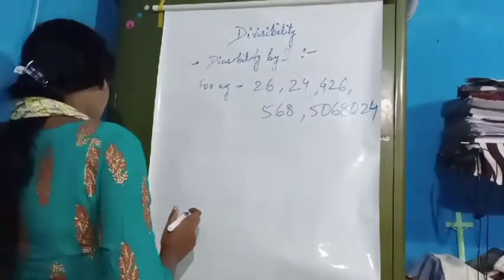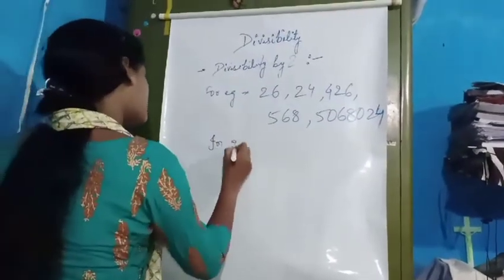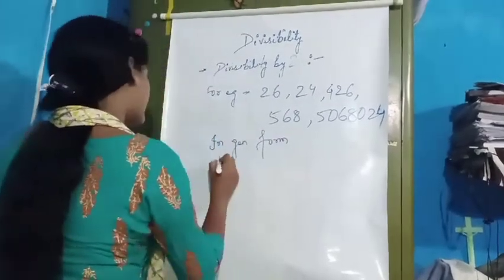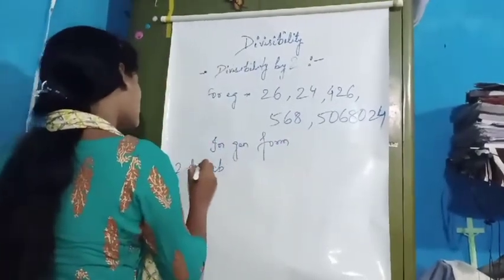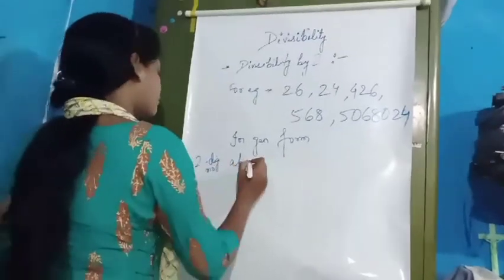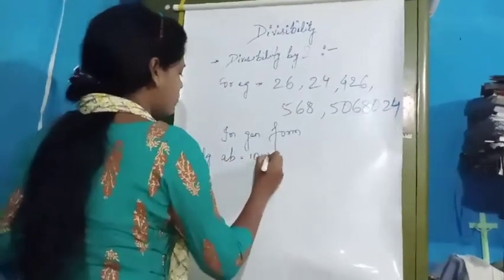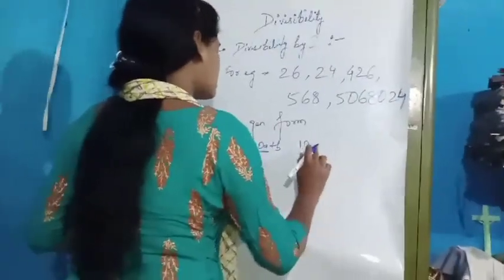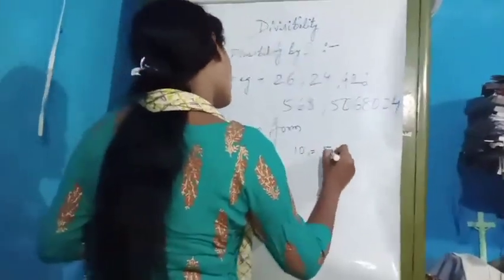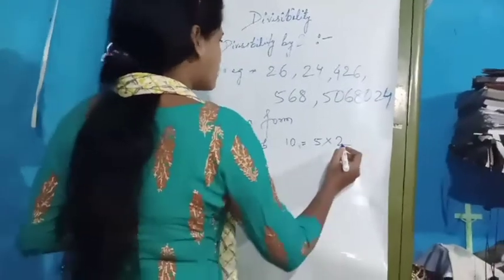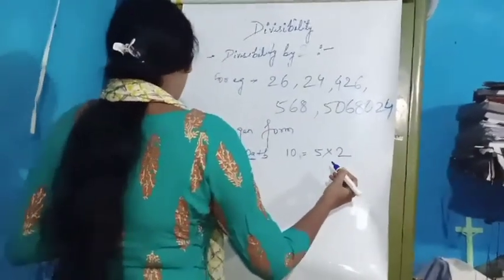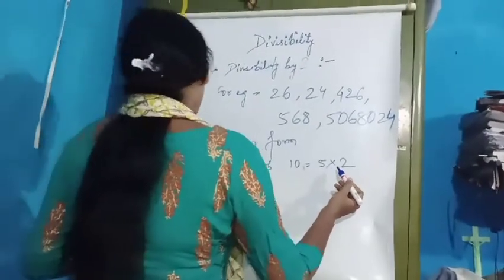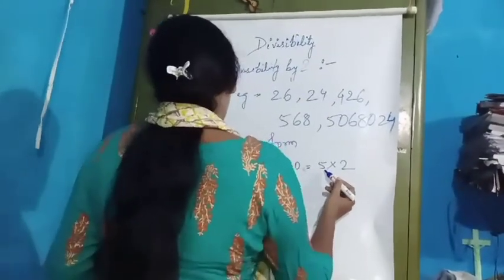Okay, now see this in generalized form. Suppose I have a 2-digit number AB, which we say is 10A plus B. You can see here 10A, 10 is a multiple of 5 into 2. So 10A is divisible by 2.